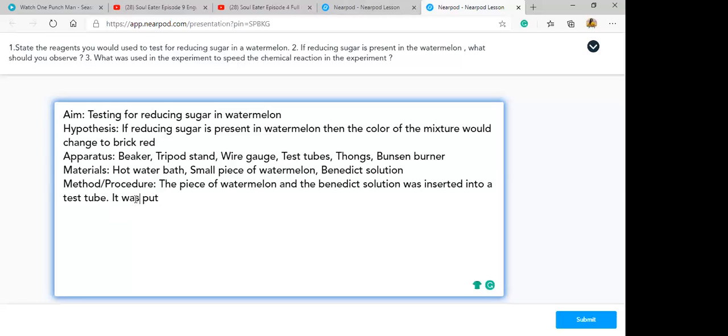Wait, sir. Okay, I'm lost. Basically you have to picture yourself carrying out the experiment itself. The reason why we're watching the videos is because you would not have had all of these apparatus at your home, especially the Benedict solution. You would not have had that reagent to use.